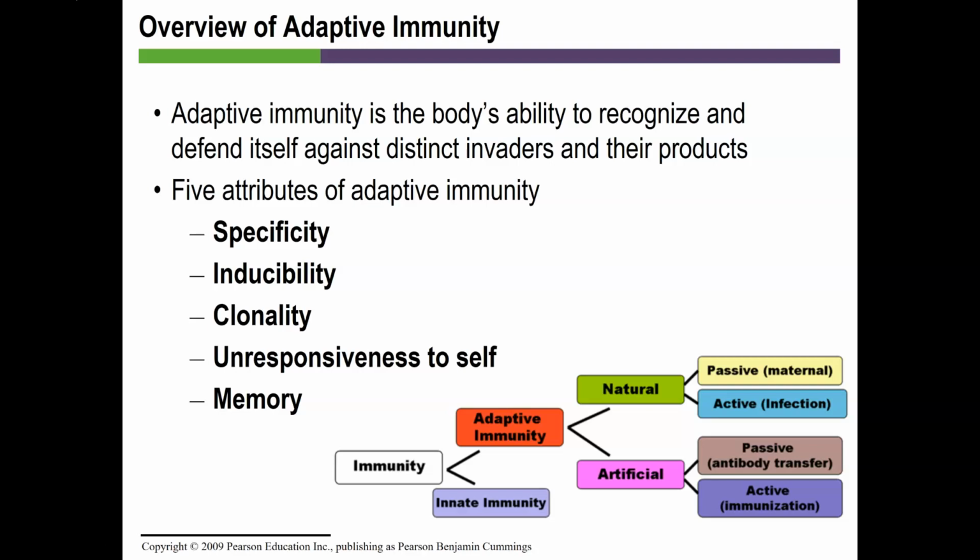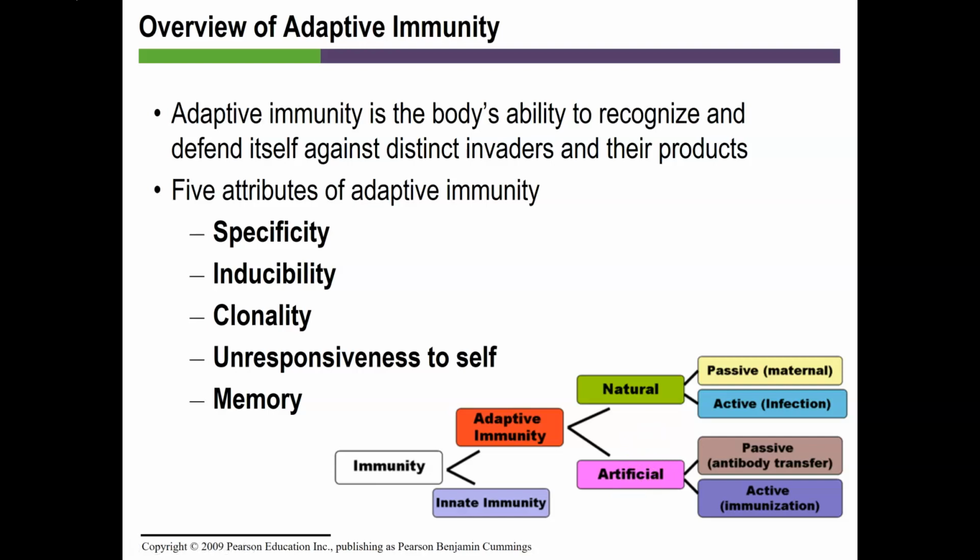Now, as you look at the graphic at the bottom, we'll talk about these different scenarios. If we look overall at immunity, we have talked about our innate or non-specific immune response already. Now we're covering the adaptive immune response, and we're going to be looking at both the natural and the artificial types of stimulation of the immune response.